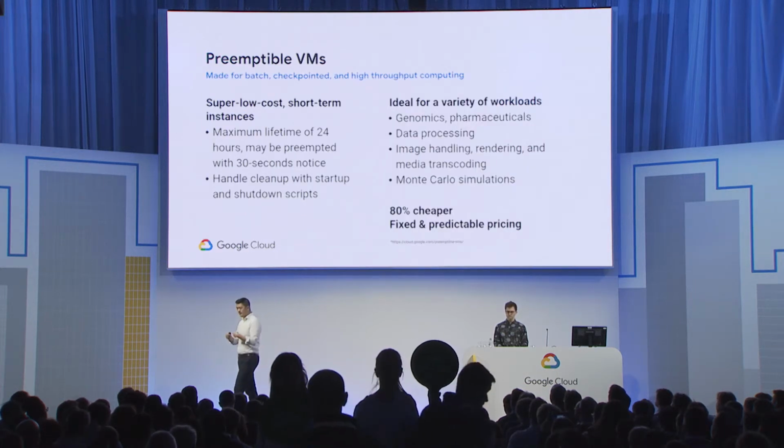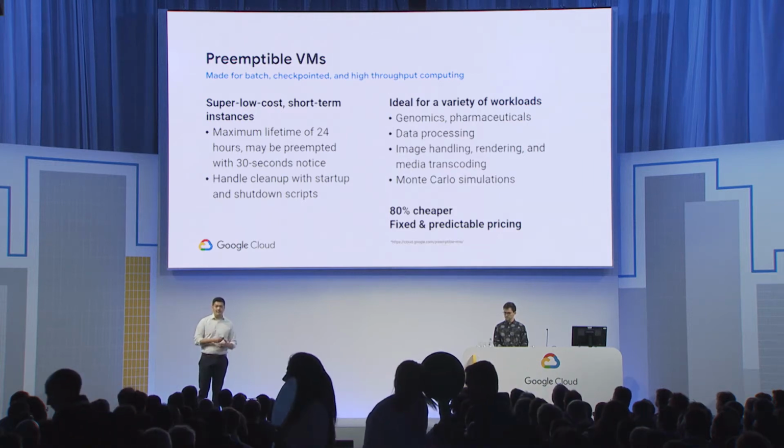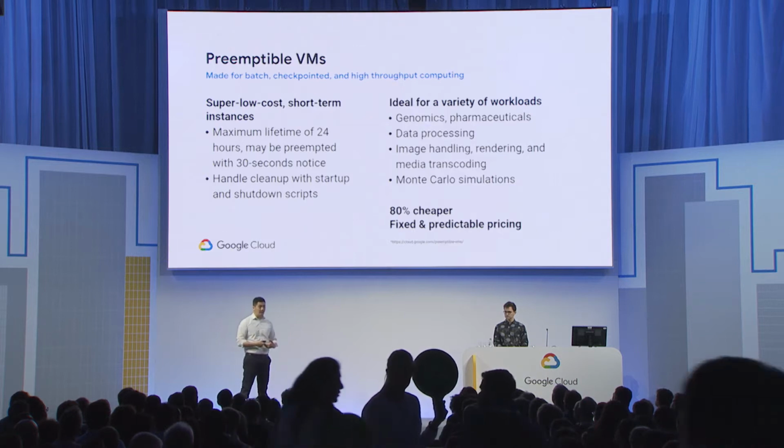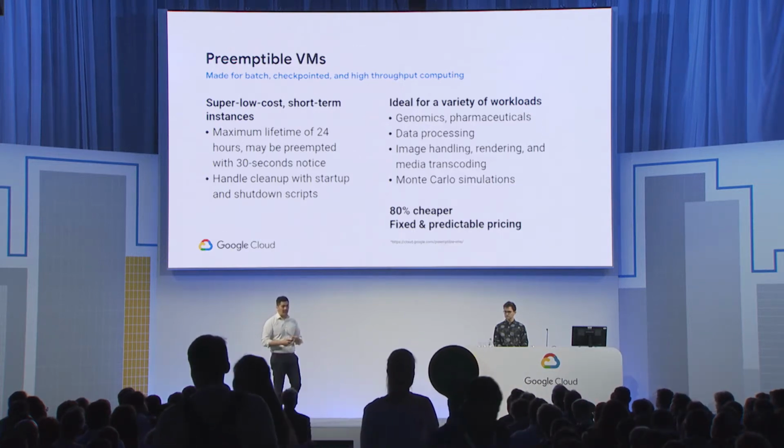The summary for preemptable VMs looks like this. They have a maximum lifetime of 24 hours. They can get preempted. They can get terminated with only a 30-second notice. But the way that we recommend enterprises handle this is you use cleanup and startup and shutdown scripts that we've templatized so that you don't have to try to reinvent the wheel.